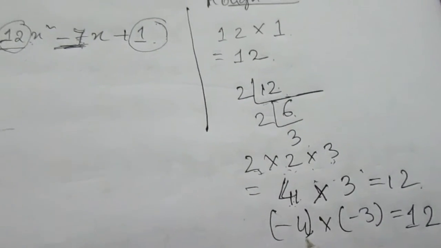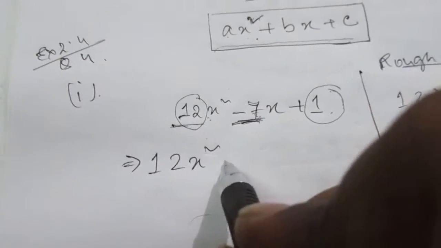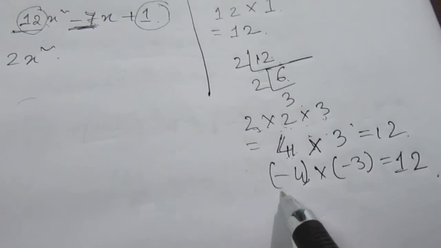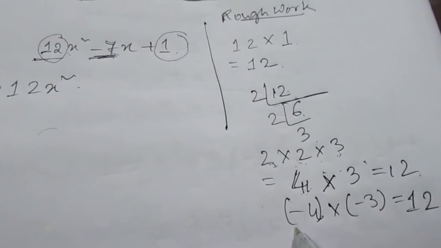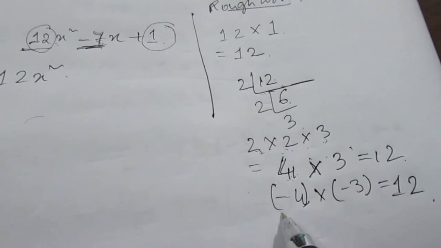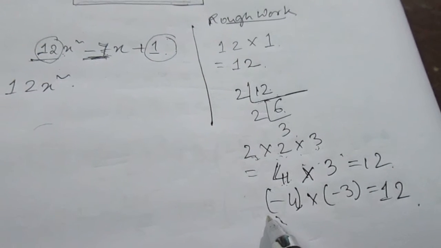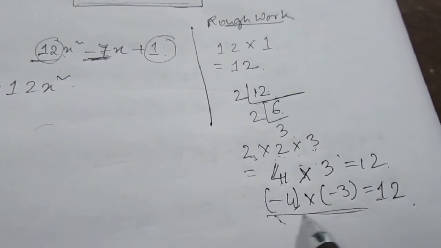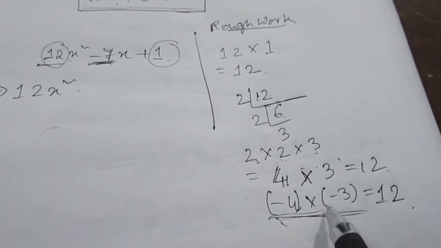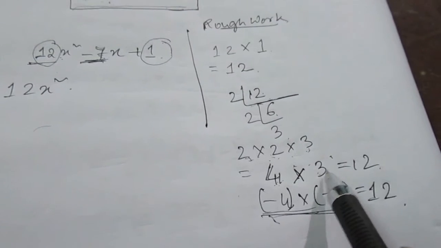Okay, so 12x square I have written here. As we have to split the middle term, how do we split it? We have to split according to the factors of 12. So the factors of 12 are 4 and 3, whose product is 12.